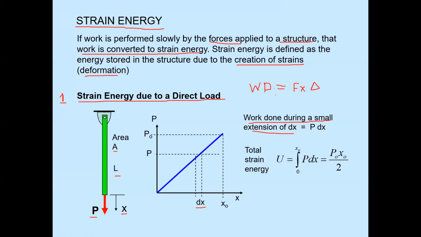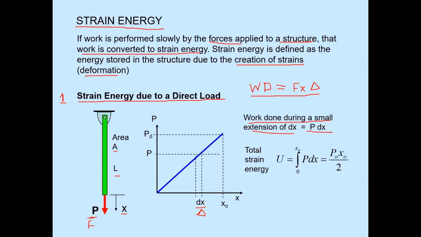This is the basic theorem you have read in your school days: work done is equal to force into displacement. So here force F is P, and displacement delta is equal to dx. So work done is equal to P into dx.